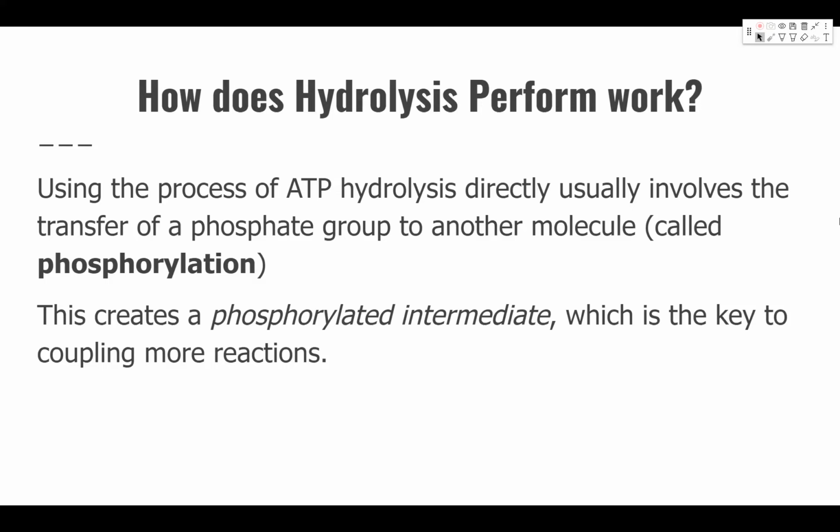I've got an example. So, instead of just using the energy from the release of that ATP and that inorganic phosphate, and parsing that energy in another way, a lot of the time, in order to make sure that energy stays where it needs to go, we will transfer that phosphate group to another molecule directly and use that phosphorylated intermediate to keep the reaction going.